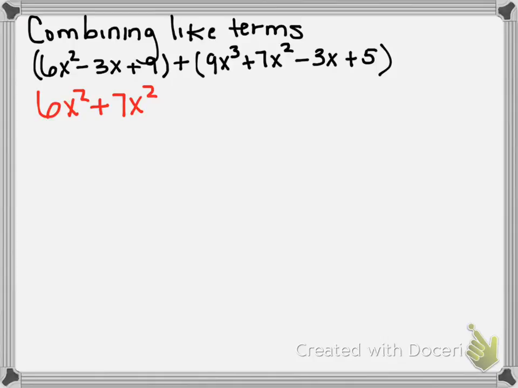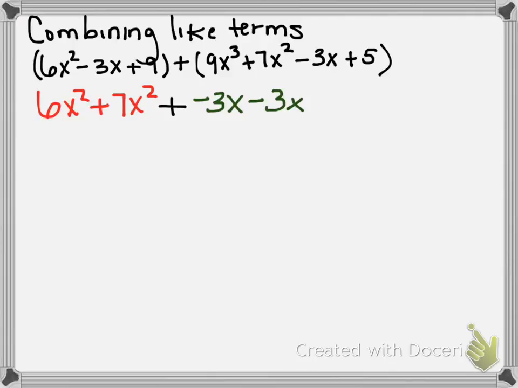We look at the other term that has x squared, and the other thing we find with x squared is 7x squared. And the next term we have is negative 3x. So we look for something that has x only, and we have another negative 3x in the other polynomial.